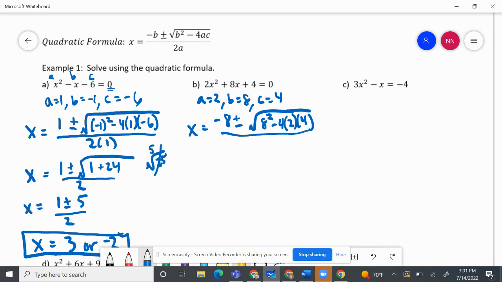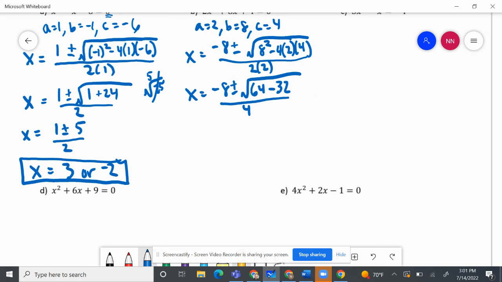Then we're going to divide the whole thing by 2 times 2. So x equals negative 8 plus or minus the square root of 64 minus 32 all over 4.